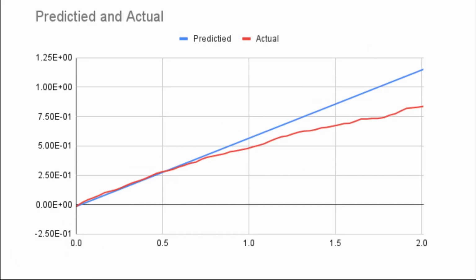The predicted graph is the blue line, which you can see is exactly linear just because that's what it should be. And so the actual was a little bit off, but that's mainly because we set the net force to 0, and so we didn't actually take into account any real world effects like friction or rolling resistance or any minor errors within the video analysis.